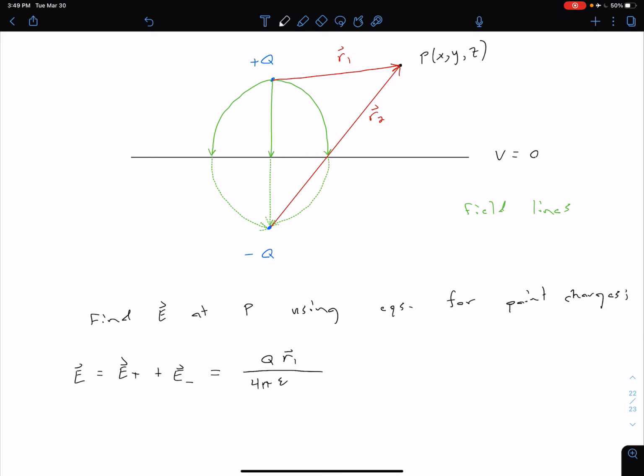In the notes I have epsilon naught, but to be more general, we can just say epsilon, r1 cubed. Similar structure for our E minus, except now we have a negative q because we have a negative image charge. Our distance vector is r2. We're still dividing by 4 pi epsilon, and now we have r2 cubed.